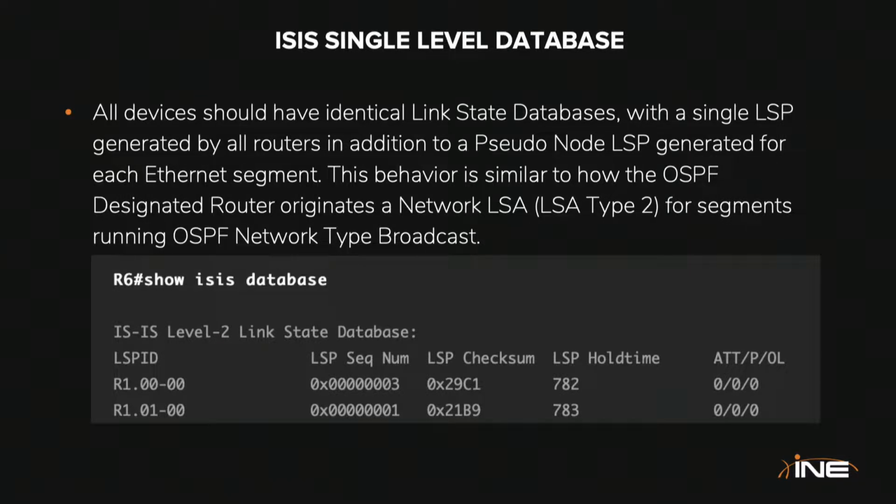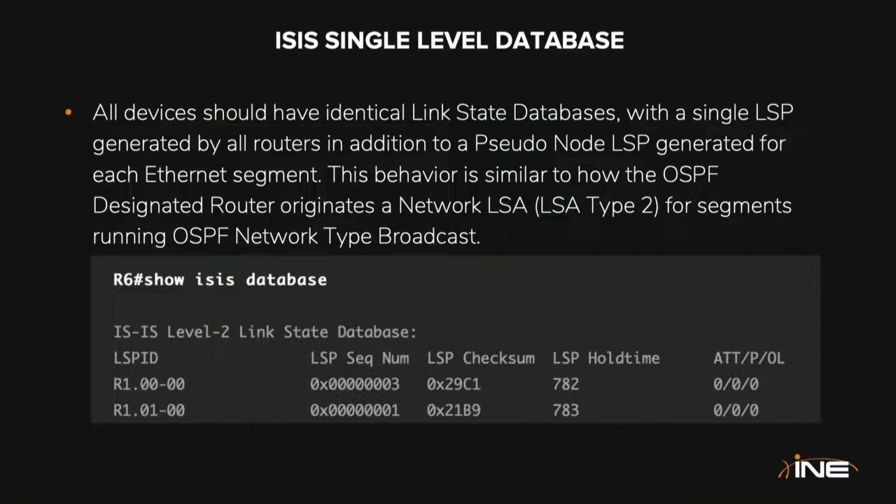The first one is the first LSP that every router is going to generate, and the second LSP ID is your pseudonode LSP ID. You can always verify that with show ISIS database. Since all the routers are running level 2, they would only have one database, the level 2 database. They would not maintain level 1. But by default, they would maintain both because the routers are L1 and L2 routers.